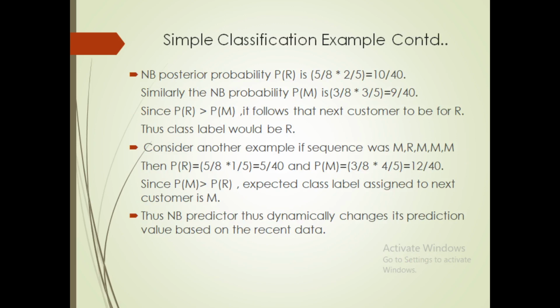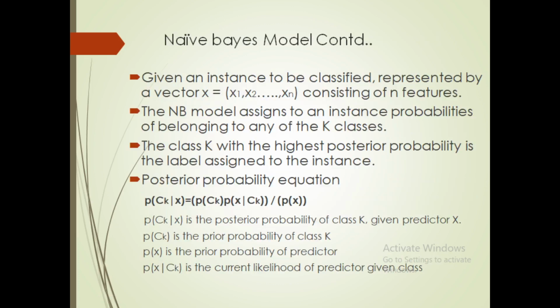But naive Bayes takes into consideration both the things, that is prior probability as well as the current likelihood. So what we will do over here is, the naive Bayes posterior probability P of R is nothing but the multiplication of two things. One is the prior probability, another one is the current likelihood, as we have already seen in the formula.